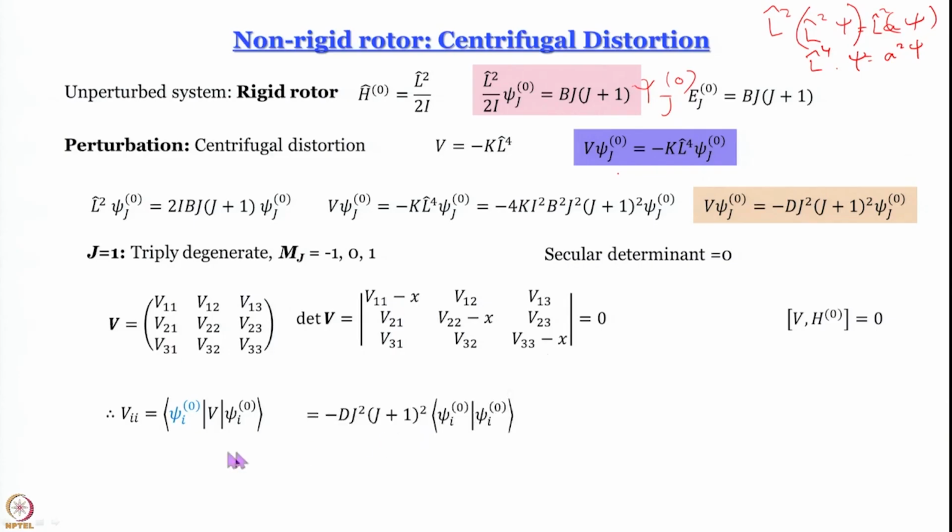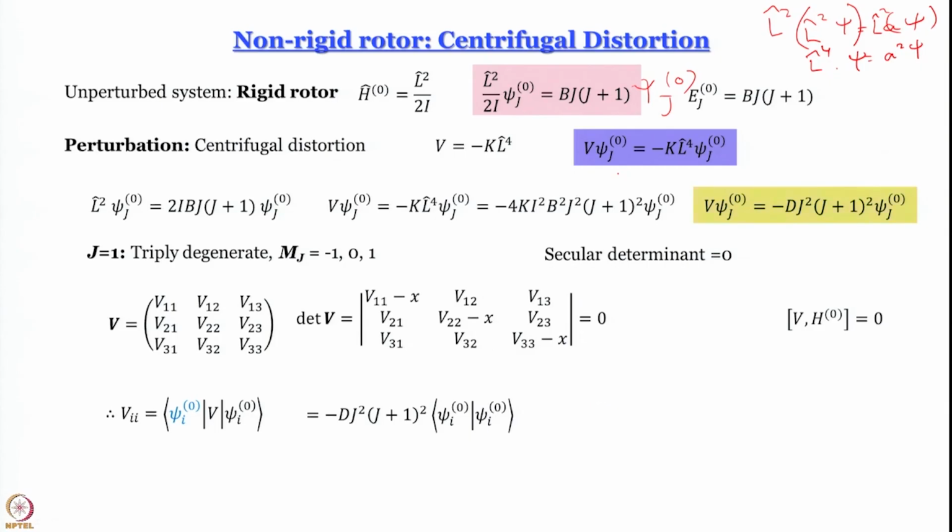I can write like this, V operating on psi I 0th I know is minus d into j square into j plus 1 whole square, all that is constant. So, we will come outside the integral. Inside the integral you have integral psi I 0th multiplied by psi I 0th, well if it is complex then psi I 0th star multiplied by psi I 0th integrated over all space.